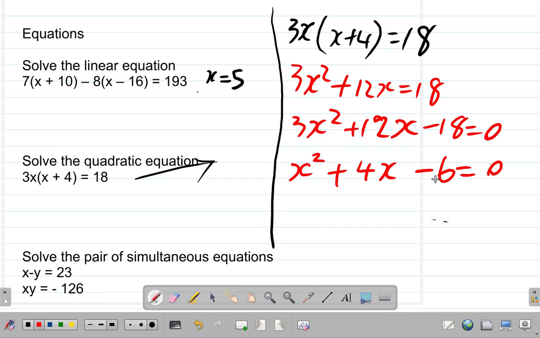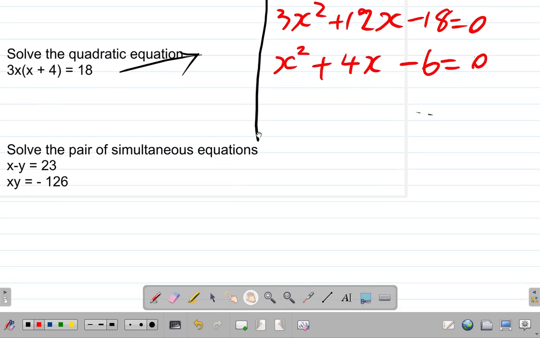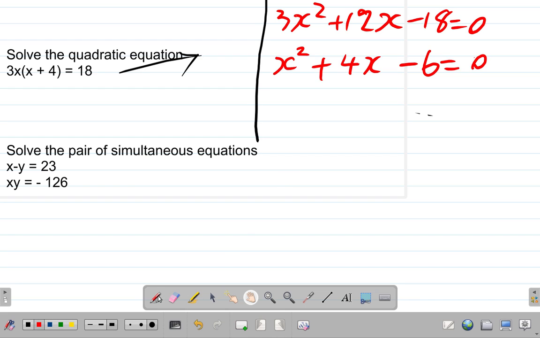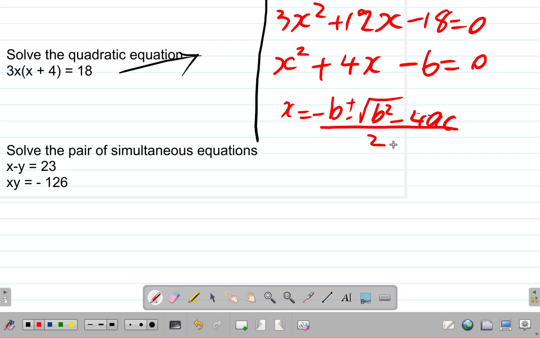If you have 3, 6, no. Let's use the formula, the quadratic formula, to solve this. The quadratic formula, and it's in your formula sheet, says x equals negative b plus or minus the square root of b squared minus 4ac, all over 2a.